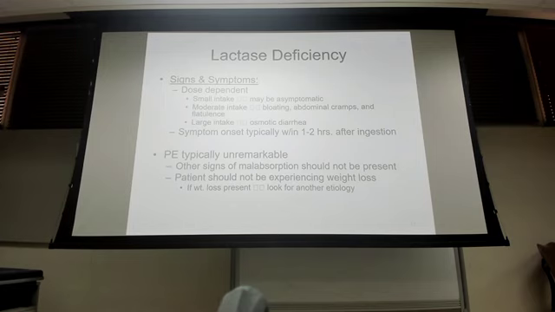You can actually get osmotic diarrhea with large amounts of lactose if you're lactose intolerant or lactase deficient. Usually the symptoms are going to come about within 1 to 2 hours after you have your dairy product. You'll start to get the bloating and abdominal cramping and flatulence.